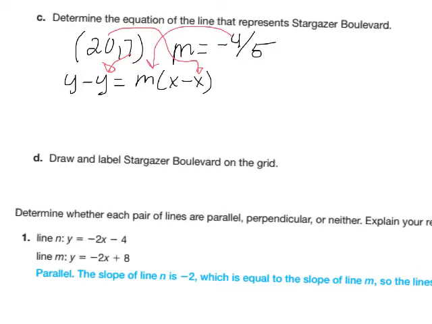I'm going to write in red what we're substituting. y minus y1 is 7, so it's going to be y minus 7. And the slope is negative 4/5. I like to substitute the second x and the second y, negative 20. Whoops, so this should be in black.